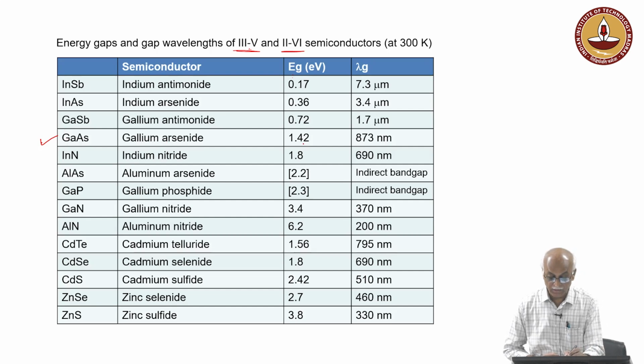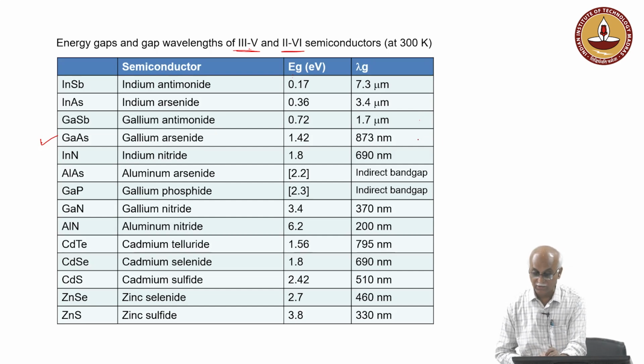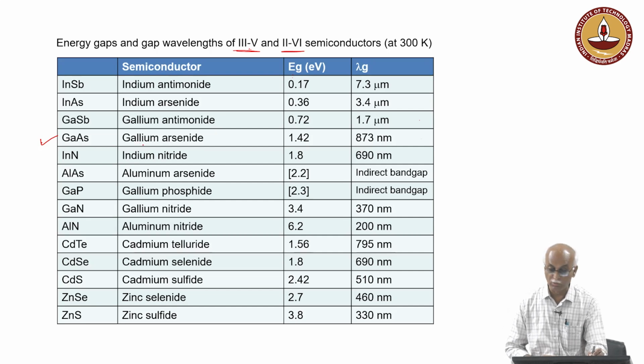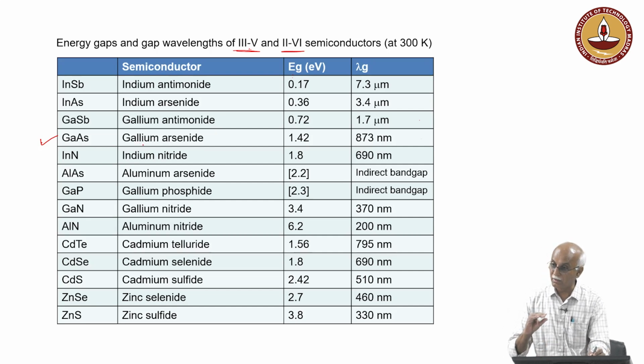So, the energy band gap of these materials allows output wavelengths around 800 nanometer, 1.5 micrometer, etc. Now, 800 nanometer, you know, was useful for the compact disc. So, this was the source which was used as an optical diode.